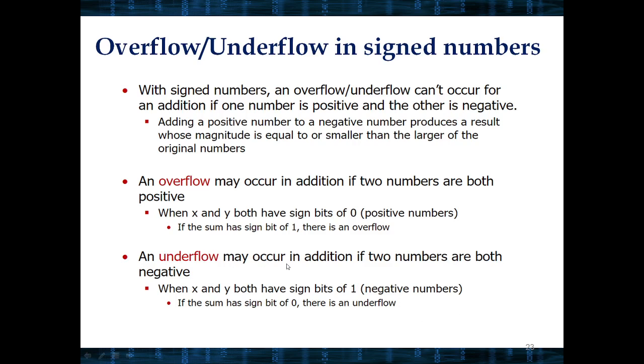An underflow may occur in addition if two numbers are both negative. When we add two negative numbers and the sum comes out as a positive value, that condition we call an underflow. That means the result value will be very much less compared to the representable range.